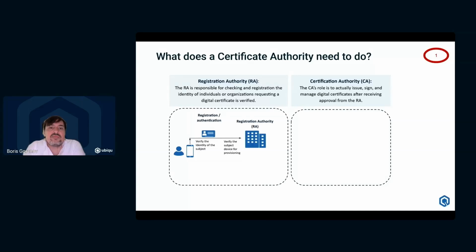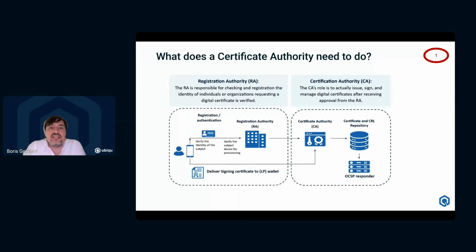Then the registration authority makes records of this. Then the registration authority requests the certification authority to issue a certificate, and the certification authority will make records of that, publish a status of the certificate in case it's revoked, and then deliver the certificate to the subject.